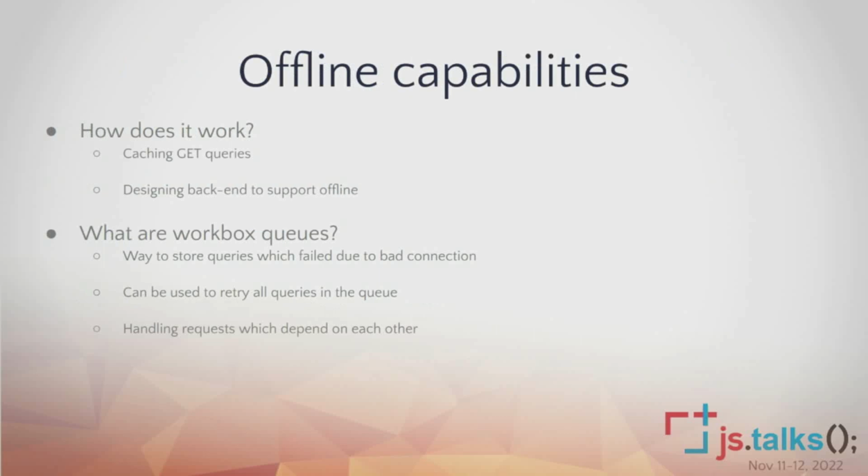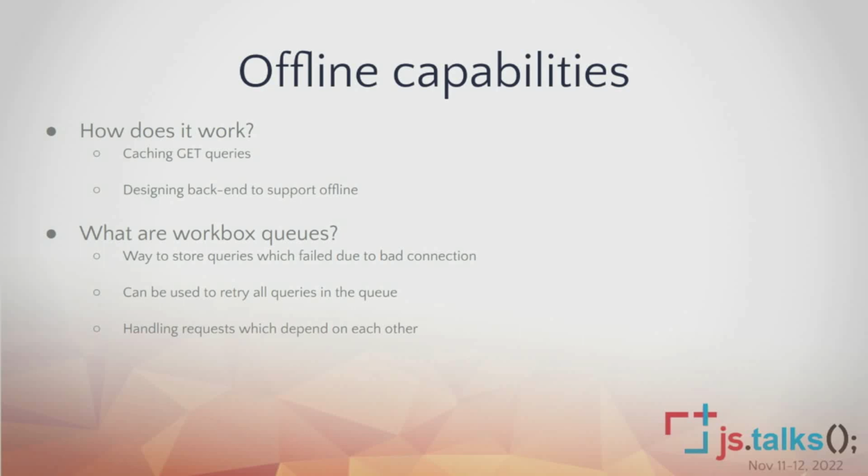Keep in mind that if you would like to support offline mode, you need to also design your services to support it. It's not only on the client side, you should also design your backend architecture in a way it supports offline mode and to keep somehow some sequence, for example, the requests you make if you have dependent requests.